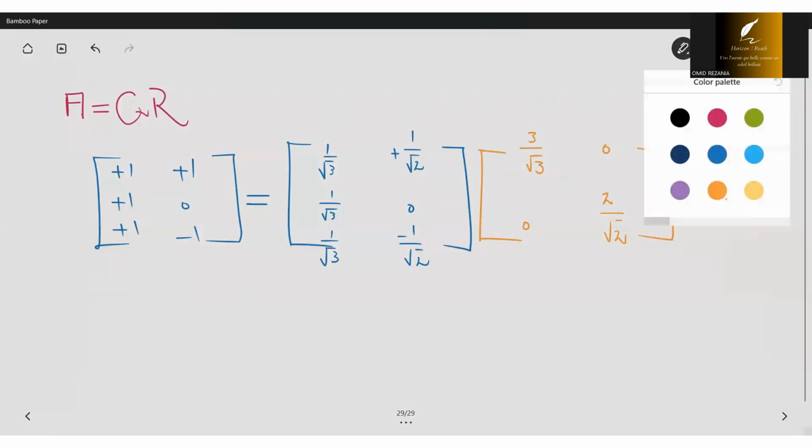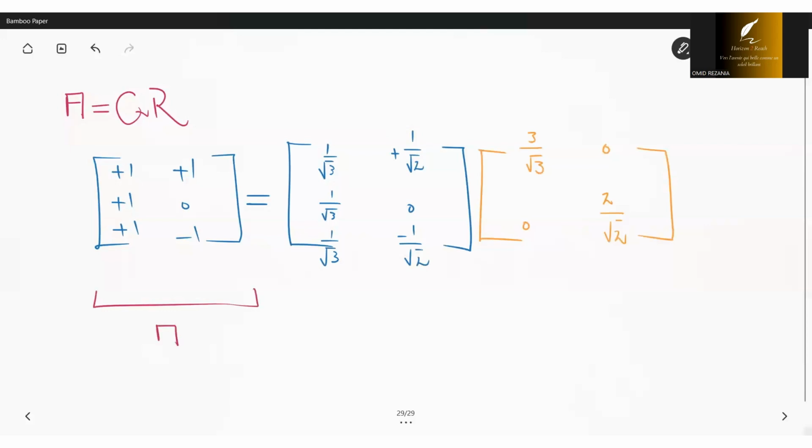This is matrix A, which we were given. This was matrix Q, which we found by the projections and normalization. And this matrix is the upper triangle matrix R that we found there.